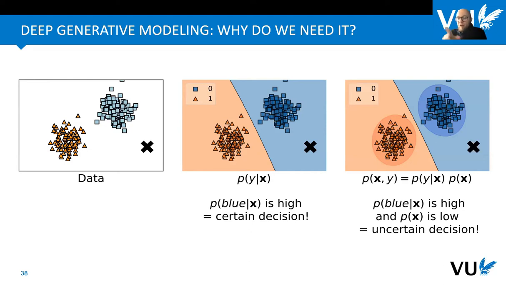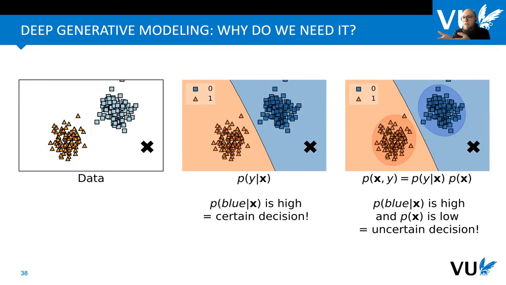If we now also fit a mixture of Gaussians, so we fit a Gaussian to each class, then P of blue given X will still be high because it's further away from the orange region, but P of X, the probability of this black cross, is actually very low because it is far away from the cluster of points of our data, right? I think that we all agree with that.